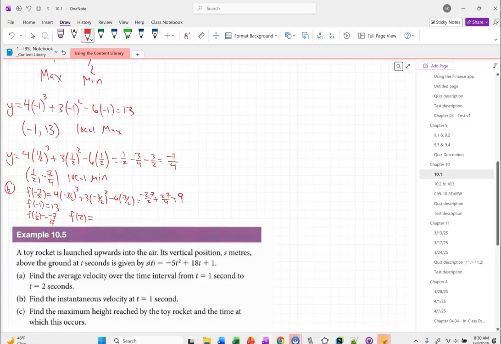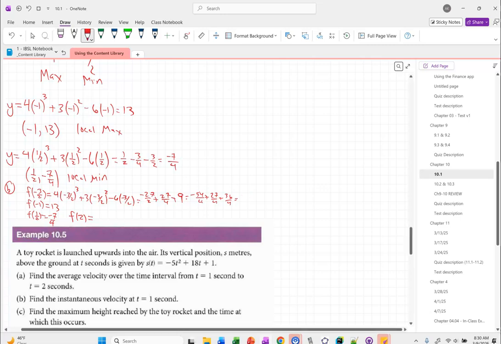So that's going to be 54/4 plus 27/4 plus 36/4. So that's going to be negative 9/4. No, positive 9/4. All right.